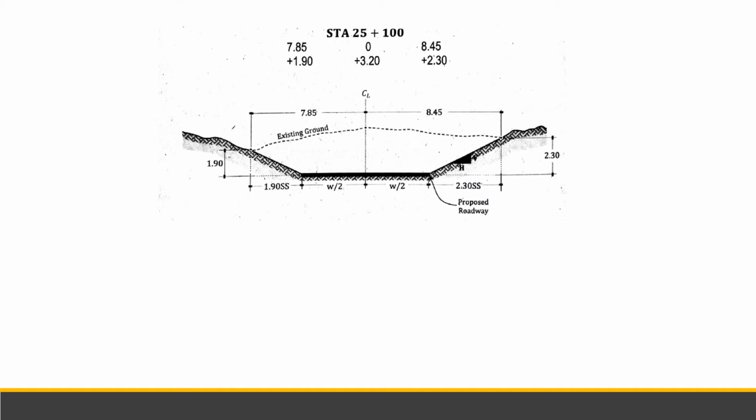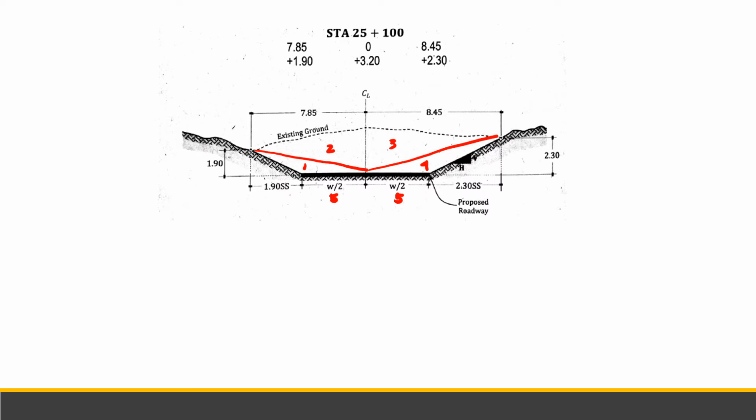Okay, so since we found the width of the road, this is 5 meters. So to solve the area, we divide this type of section into triangles. So here and here. So this is 1, 2, 3, and 4.